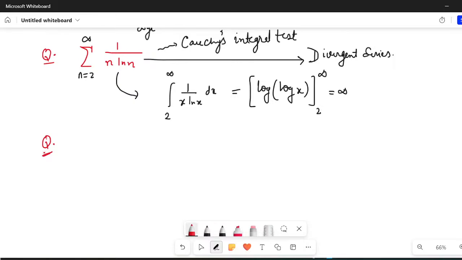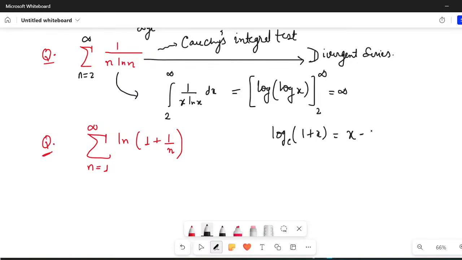Okay, so what do you think about this series? If you remember from your childhood, if I want to write ln of 1 plus x and expand it into a series, this is equal to x minus x square by 2 plus x to the power 3 by 3 minus x to the power 4 by 4, and so on and so forth.